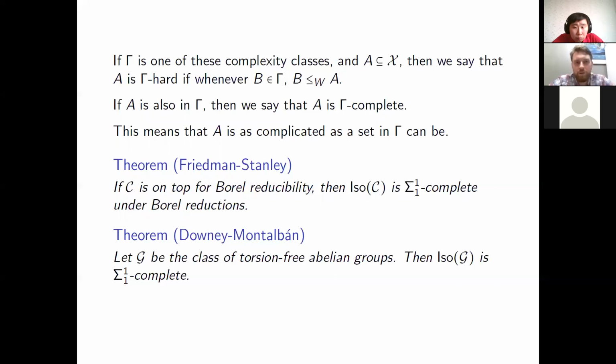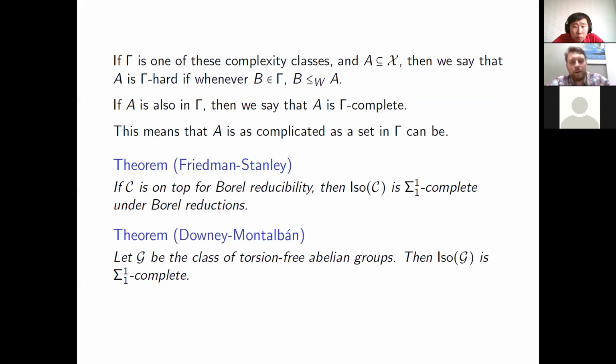If you've got a complexity class, let's call it gamma, and a set A, then A is gamma-hard if anything in gamma is reducible to A. This measures that among all things in gamma, A is the most complicated, because A is at least as complicated as anything in gamma. Any problem of complexity gamma, A can solve. If A is also in gamma itself, then you call it gamma-complete, meaning you're exactly as complicated as a set in gamma can be.